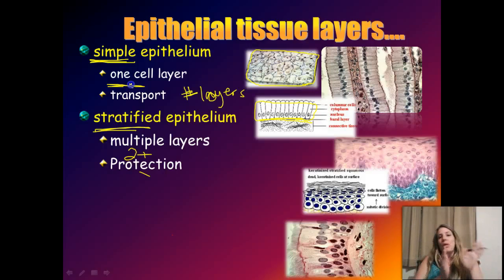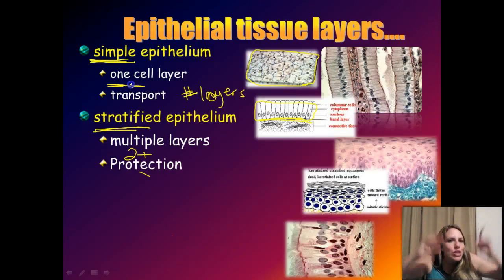So for example, your palms and the soles of your feet, you want that to be nice, thick epithelial tissue because there's a lot of stress and a lot of harmful things in the environment you have to worry about, and so you have stratified epithelium. Okay, so that's the number of tissue layers, so simple versus stratified.